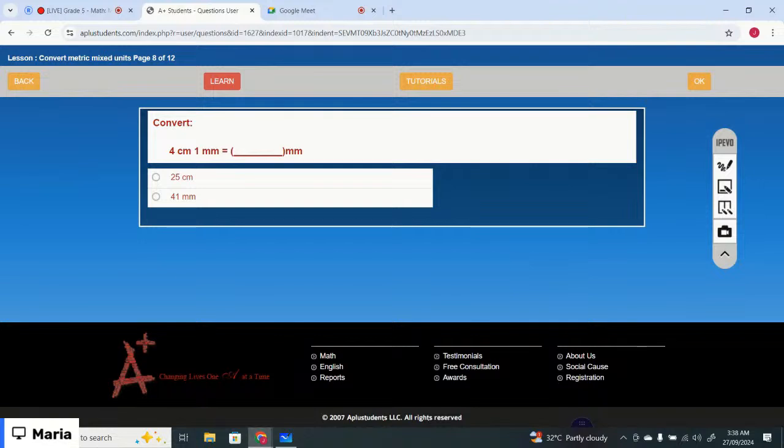Convert 4 centimeters 1 millimeter, which is the correct option? That is 41 millimeters. Option number 2 is the correct option.